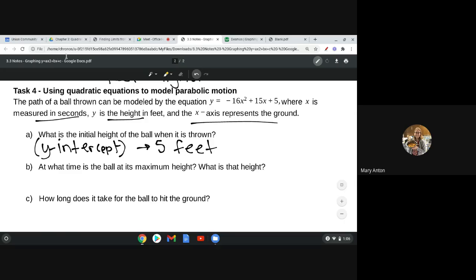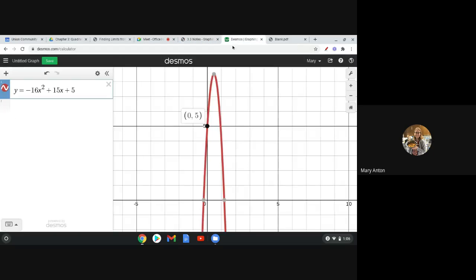When is the ball at its maximum height? 8.516 feet. That's how high it gets. How long does it take to get to that height? 0.469 seconds, so about half a second.